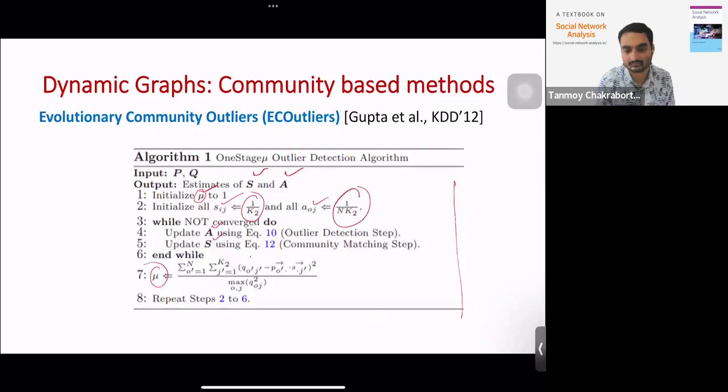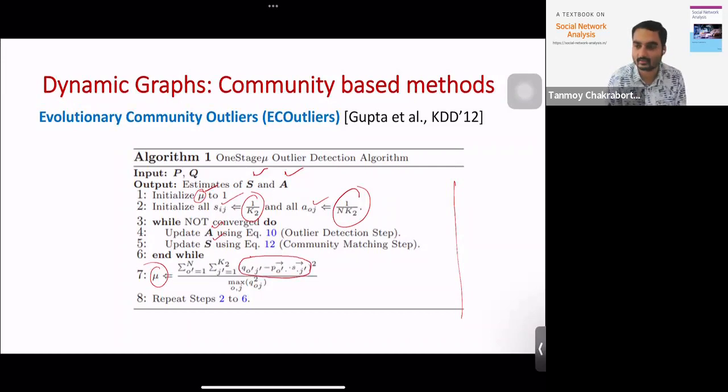Now, what is mu? Try to understand here. So mu essentially is determined by, let's try to look at this entry. What is this entry? This is the error. This is the noise.